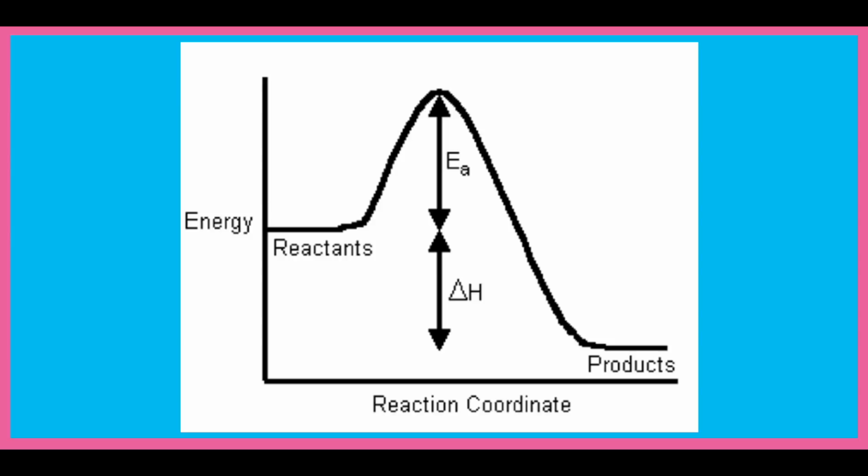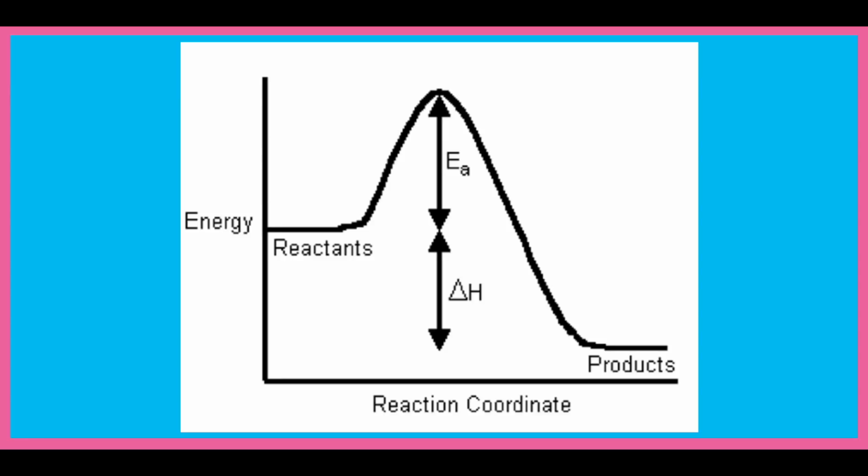The y-axis of this diagram is energy. As you go down towards the bottom of the plot, there is less energy, so the products have less energy than the reactants, which makes the value for delta H negative.